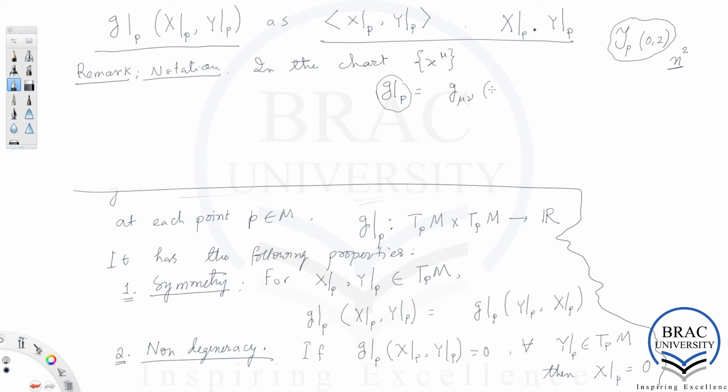g_mu nu at P, dx^mu at P tensor dx^nu at P. Here mu varies from 0 to n minus 1, and nu also varies from 0 to n minus 1, so there are n times n, or n squared, such combinations.